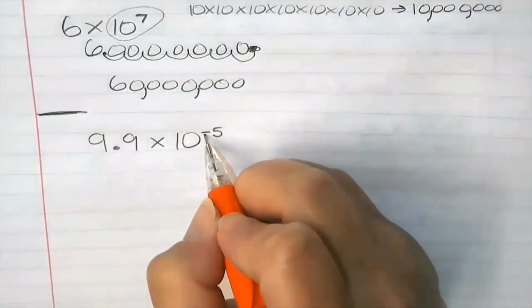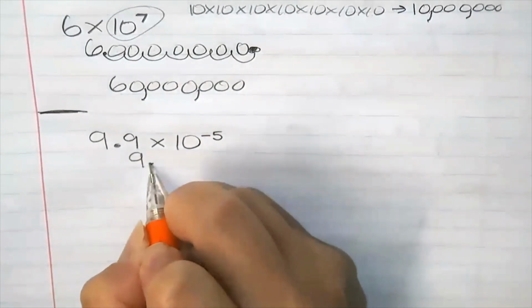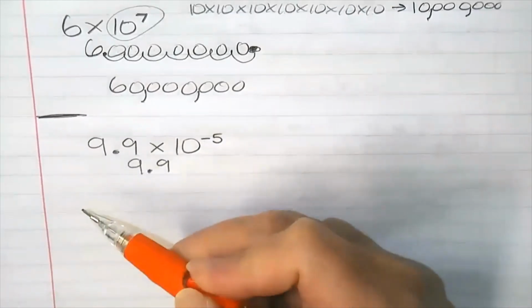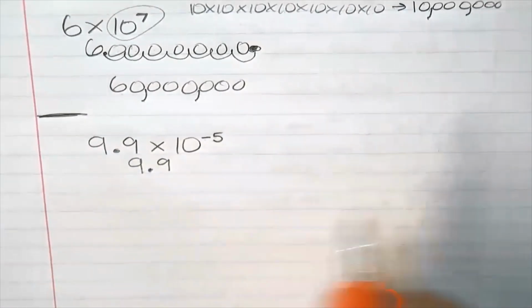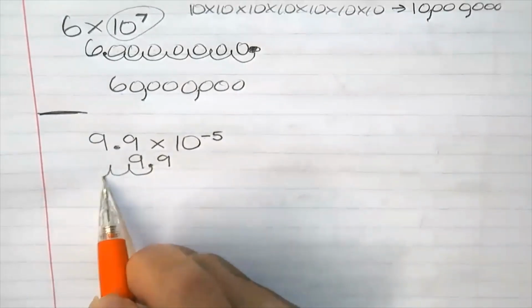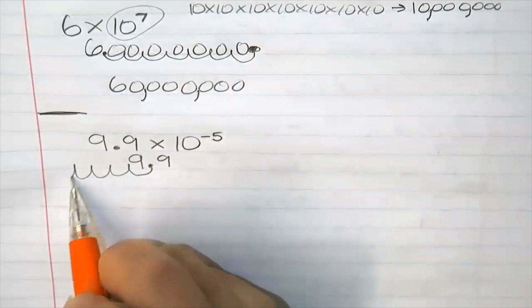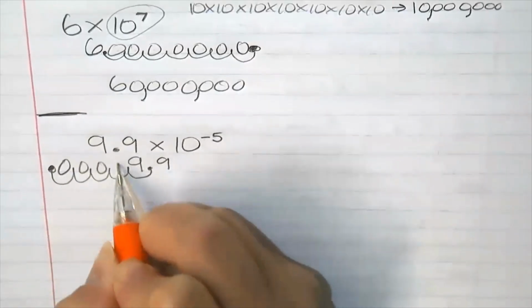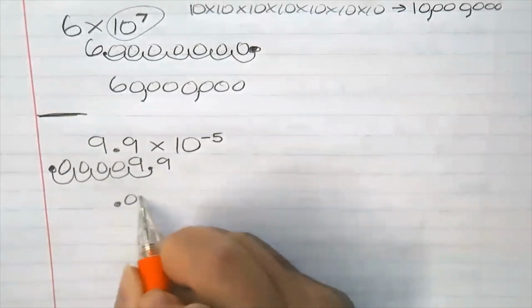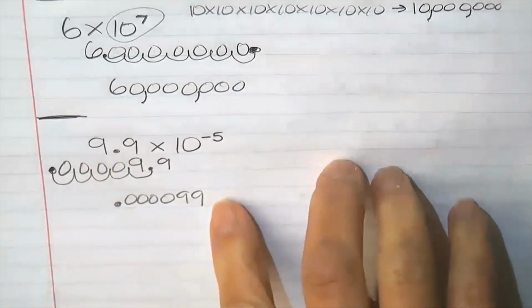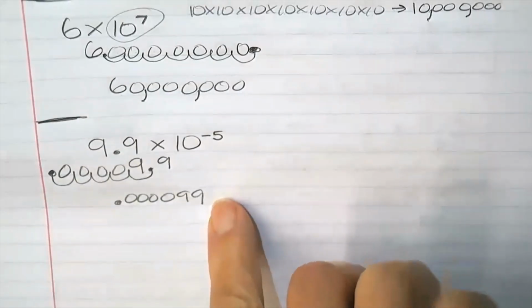I have a negative exponent, which means I'm moving my decimal point to the left, and I'm moving it to the left 5 places. 1, 2, 3, 4, 5. Here's my new decimal point, and I backfill with zeros. So this is what it looks like in standard form.